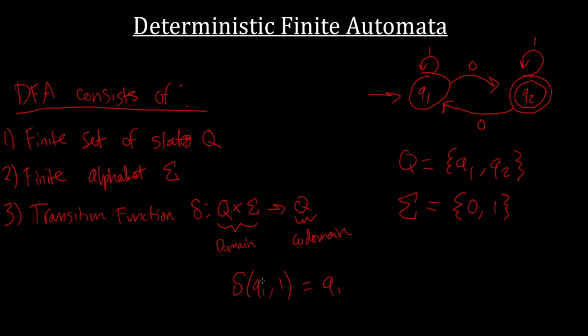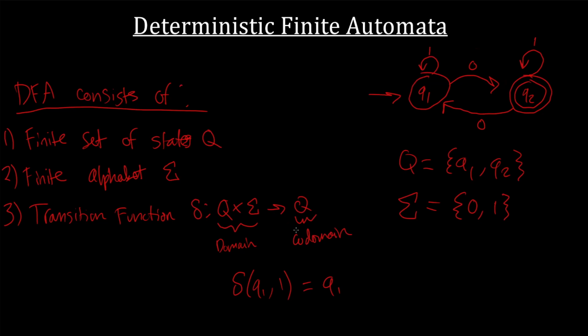So as you can see, we're just mapping a state character pair to a state. We're saying that when the character 1 is read in on the state Q1, we transition to Q1. That's what this is representing. So this delta transition function is simply representing all of our transitions.